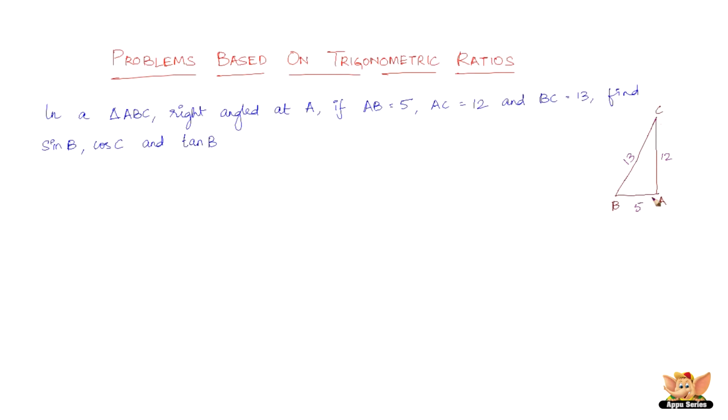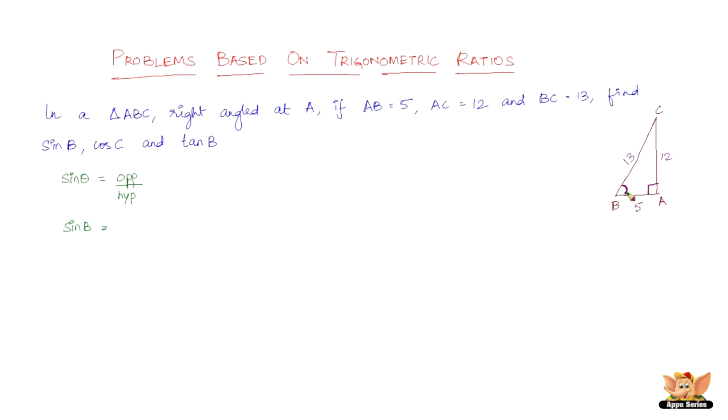Given all the sides of this right angle triangle, we need to find sine B, cosine C and tangent of B. Let us start off with sine B. This is angle B. But before that, let us write what sine theta is. Sine theta is defined as the ratio of opposite and hypotenuse.